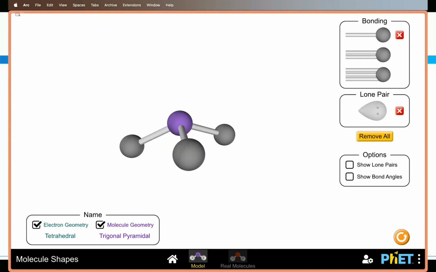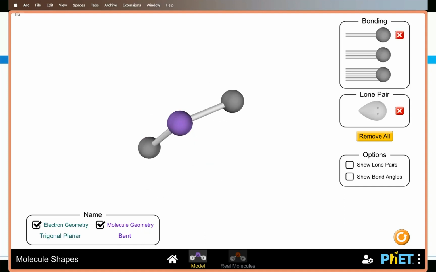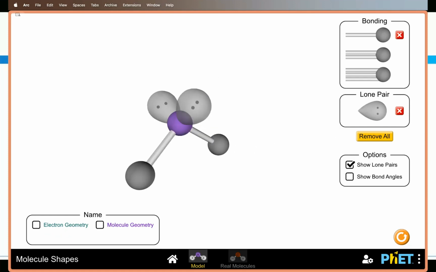So we're ignoring that. What happens if I take off another bonding group and replace it with a lone pair? Oh, I can't do it when it's like that. Okay. There are multiple ways to get a bent molecular geometry. This is just one of them.